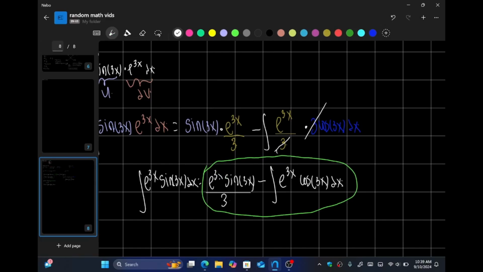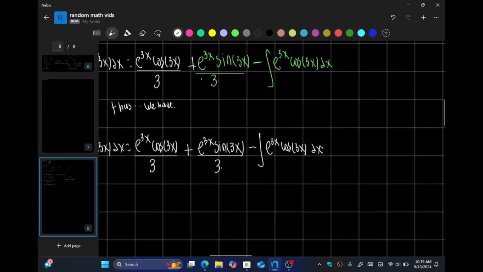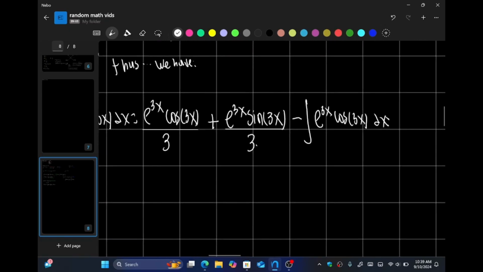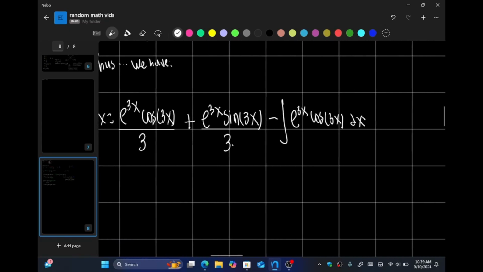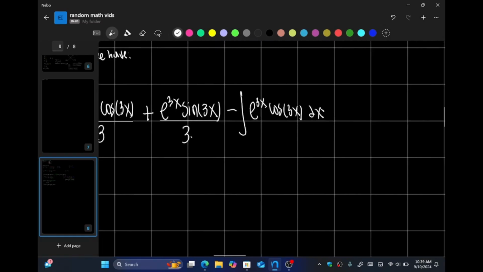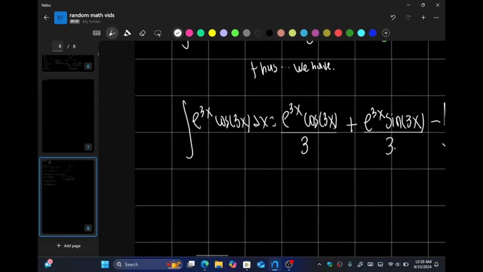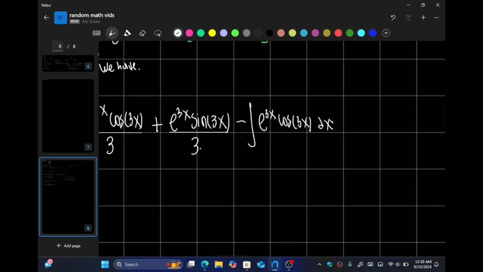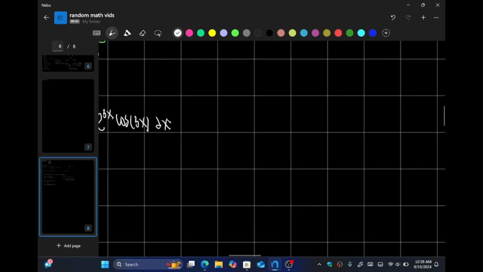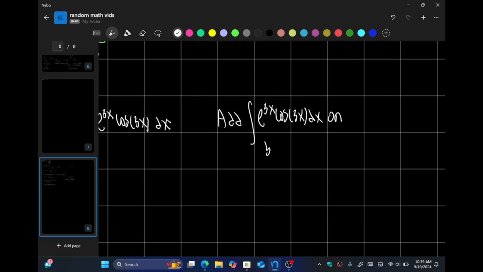So we have the following. Now it's a matter of just adding. So we're going to add the integral of e to the 3x cosine of 3x dx on both sides.